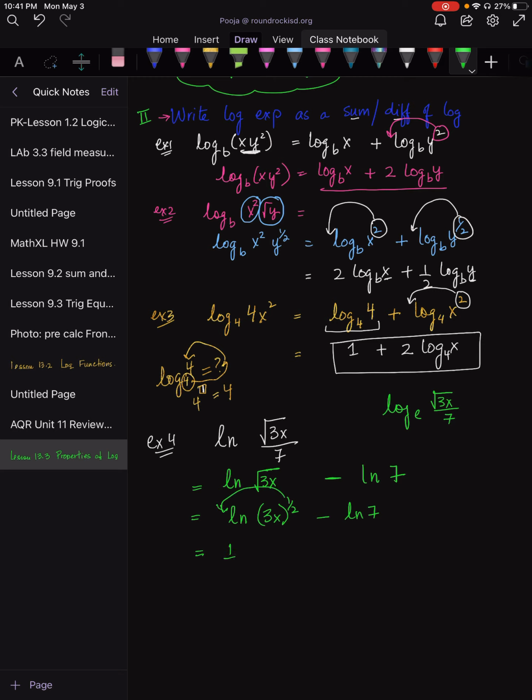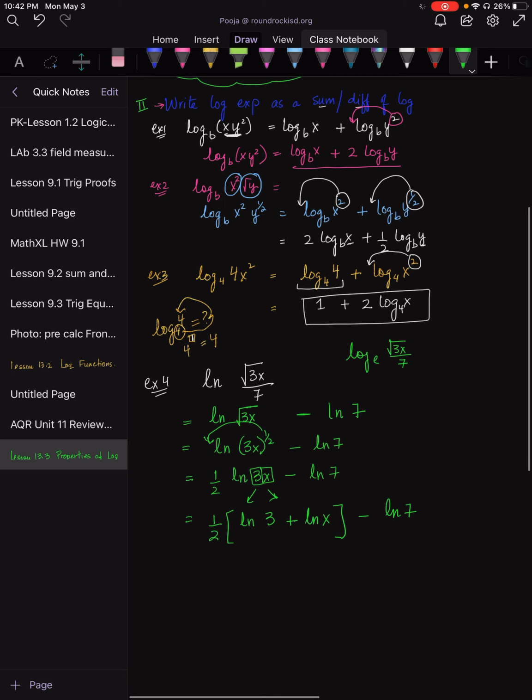So half natural log of 3x minus natural log of 7. And guess what? We're still not done. You know why? Because I still have log of a product, 3 times x. Anytime we have that, this can further be broken up. Well, don't forget the half. Half is half. This can be rewritten as the sum of natural log 3 plus natural log x, minus, don't forget there's a natural log 7 sitting over there.